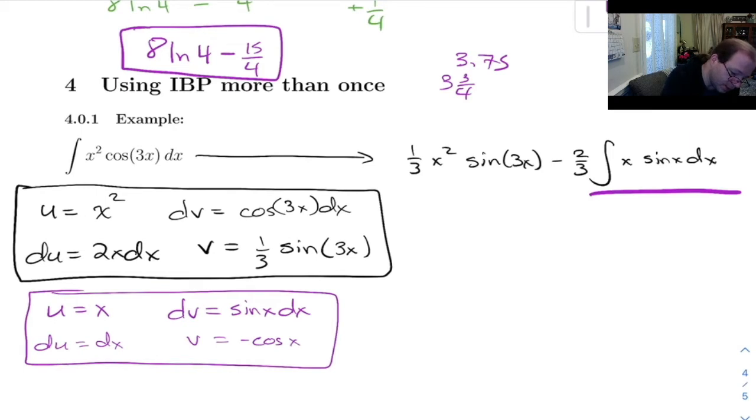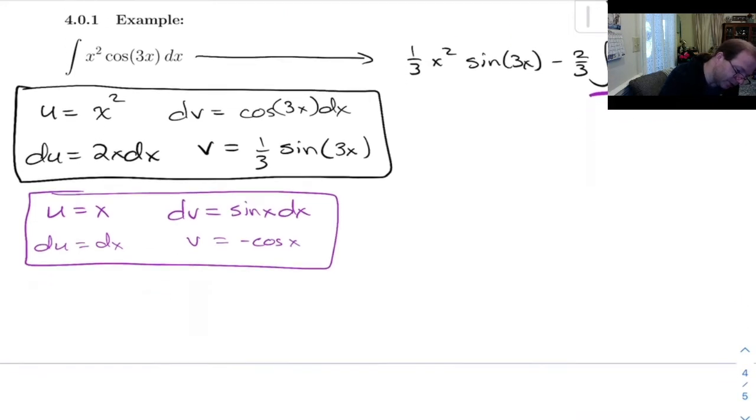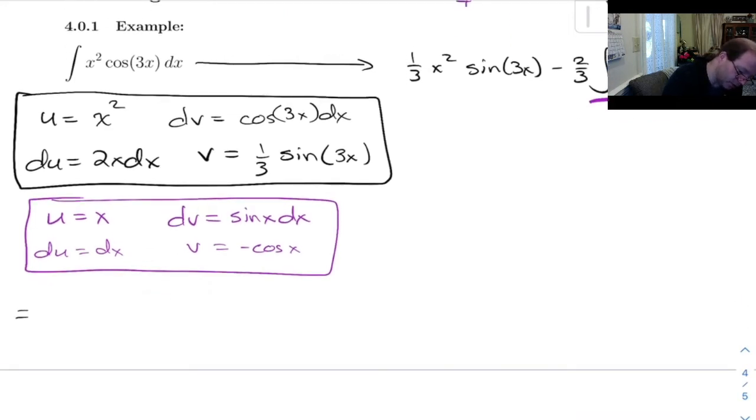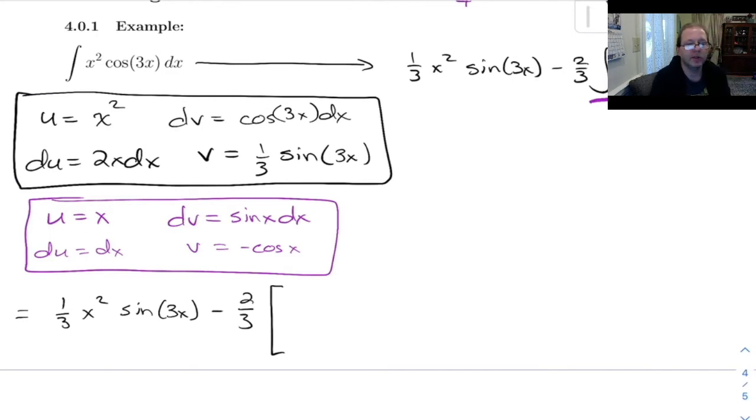All right, so now I'm going to recopy this. Maybe I should recopy it down here where I've got the full width of the screen. We've got 1/3 x squared sine 3x minus 2/3 of, I'm going to put a big bracket in there because now inside of there we have to do uv minus integral v du using this u and v.